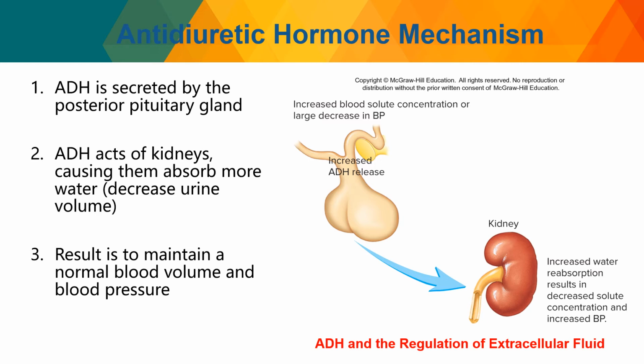So once water reabsorption is increased, of course, it would result to a decreased volume of your urine. So ADH is secreted by the posterior pituitary gland, and it acts on the kidneys, causing them to absorb more water. In return again, it would result to decrease urine volume. So its result is to maintain a normal blood volume and blood pressure.